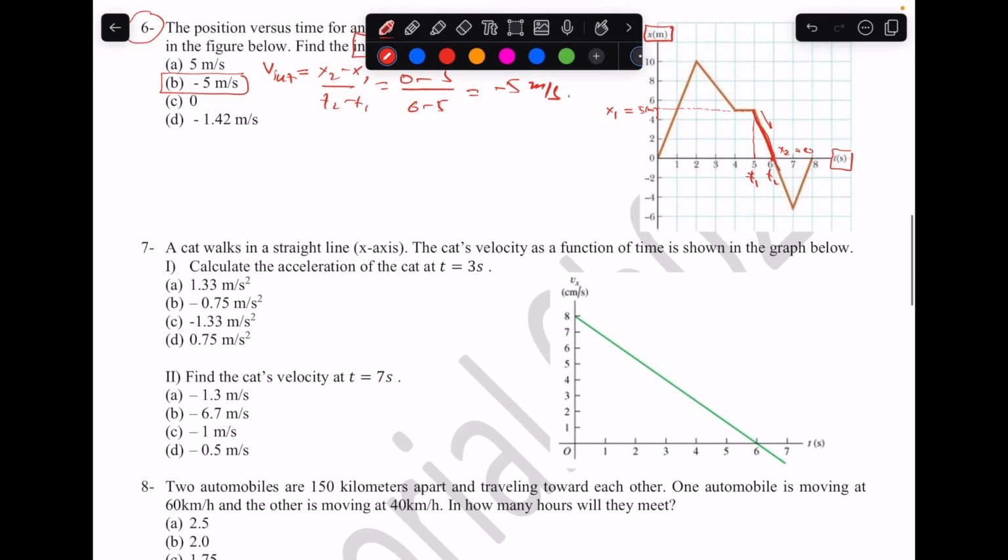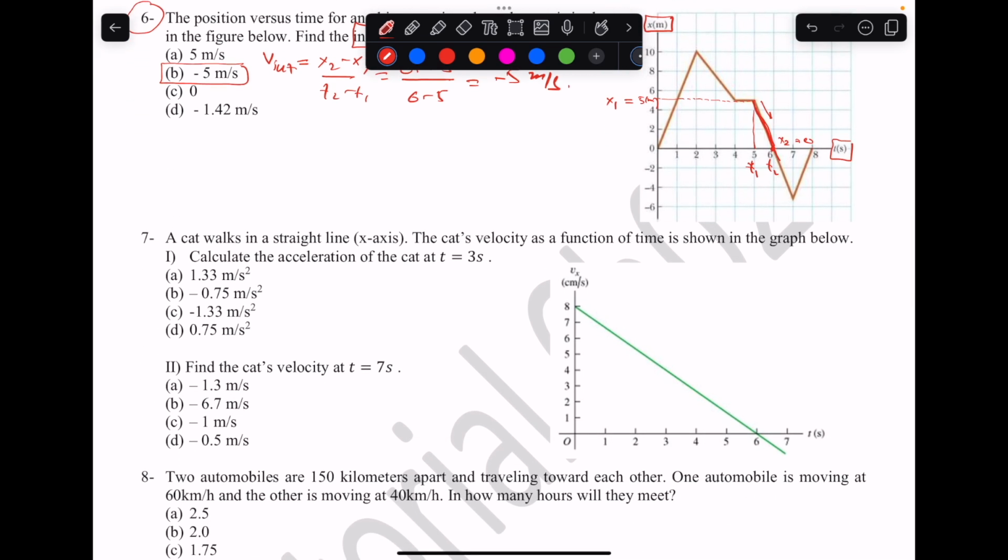Question number 7. A cat walks in a straight line along the x-axis. The cat's velocity as a function of time is shown by the graph. If you see the graph, the cat's velocity is decreasing. Calculate the acceleration at t equals 3 seconds.